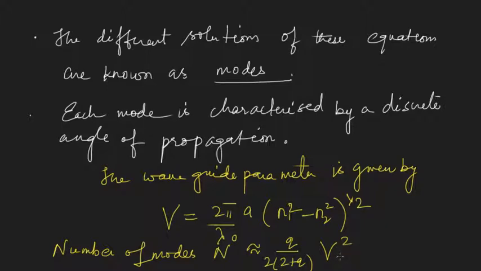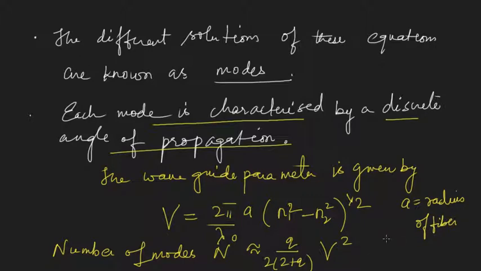So basically what I'm trying to tell you here is that first of all, each mode is characterized by a discrete angle of propagation. So at different angles different modes will travel inside the optical fiber, and there is some waveguide parameter which depends upon the thickness of the fiber, that is a, where a is the radius of the fiber. n1 and n2 you all know are refractive index of core and clad, and the number of modes depends upon this parameter V, which in turn depends upon a.